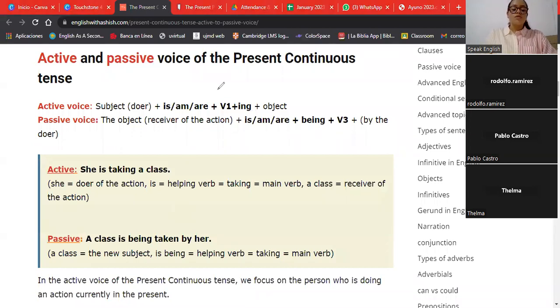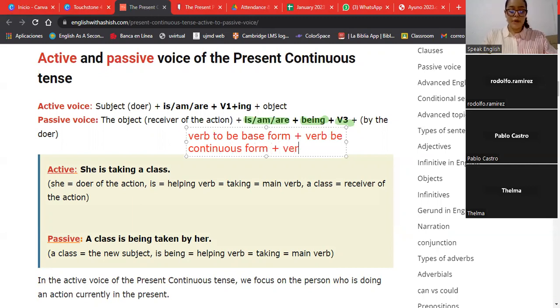So when we talk about the structure of the present continuous into the passive voice, I want you to take note in your notebook of this formula. Verb to be in the base form plus verb to be in the ing form plus verb in the past participle. Everybody, in your notebook, take note.